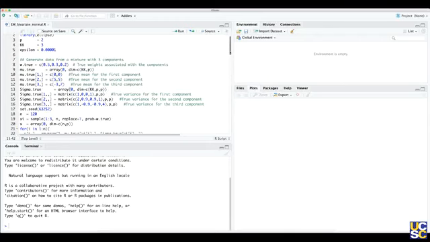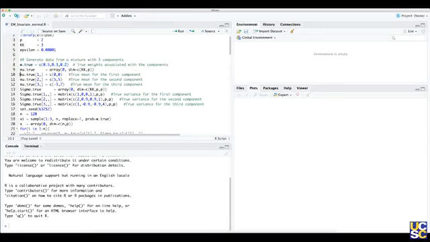In this case, however, rather than having the same variance-covariance matrix for all the components, we're going to allow both the data that we generate and the model that we fit to have different variance-covariance matrices for each component of the mixture. So the setup, again, is very similar. So we still have 3 components with weights 0.5, 0.3, and 0.2, just like before.